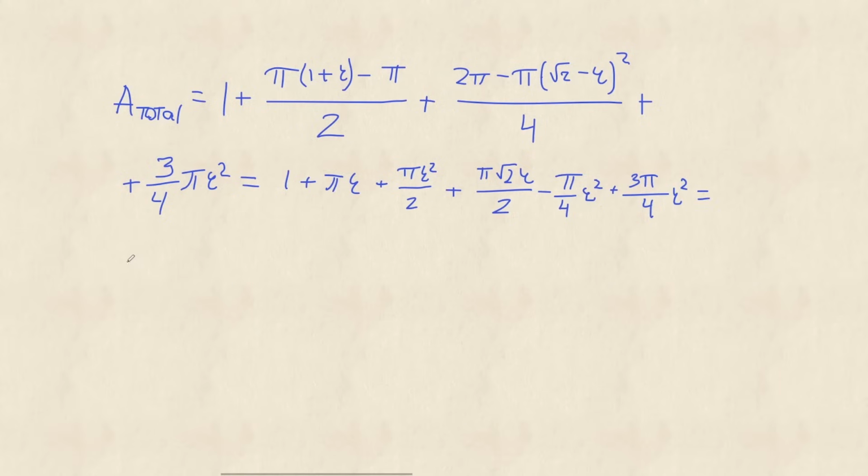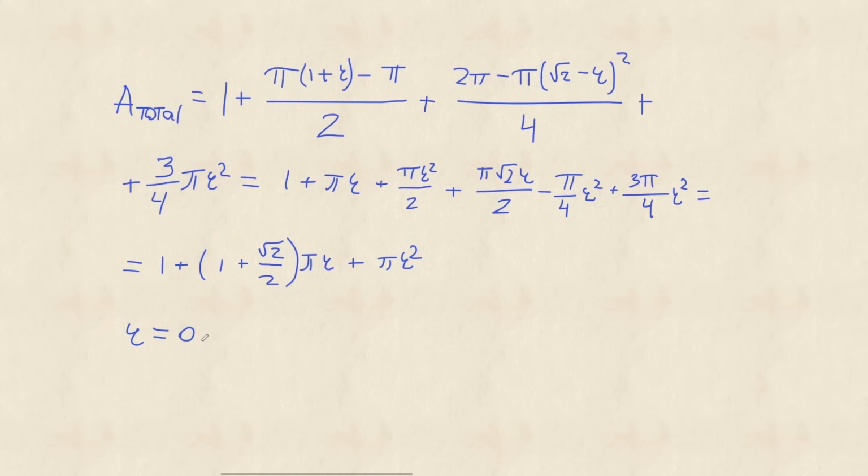And now we have to combine like terms here, and we will get 1 plus (1 plus square root of 2 over 2) pi r plus pi r squared.